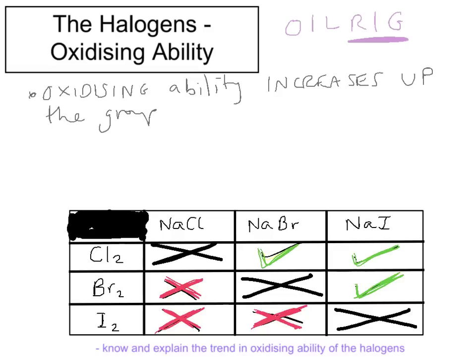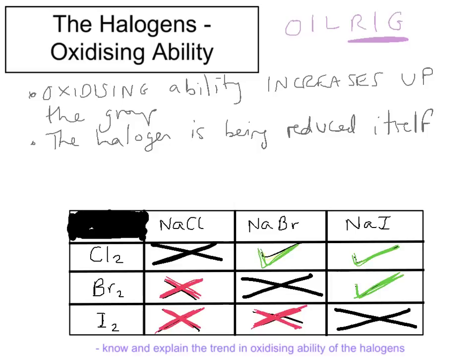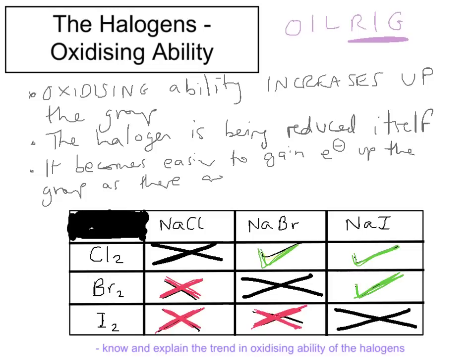So to explain this, you'd say that the halogen is being reduced itself when it's oxidizing something else, and it becomes easier to gain electrons up the group, which is what is happening when it's being reduced, as there are less electron shells. And so less electron shielding.